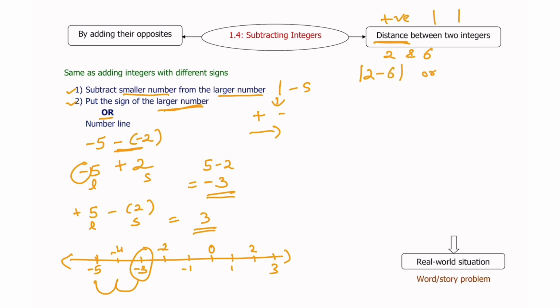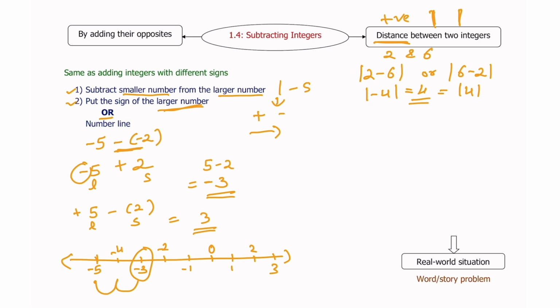Or you can say even like this, 6 minus 2. It doesn't matter. The order will not impact your answer because we are doing absolute values here. So this would be minus 4 or here it's going to be 4. And the absolute value of minus 4 or 4 is 4. Either way, answer is 4. So that's how you find distance between two integers.